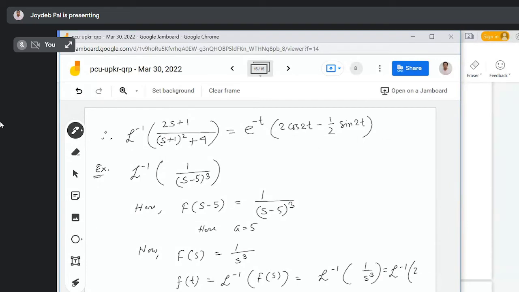1 by 2 into 2 by s cube. Can I write this? Then that 1 by 2, you can bring it outside the Laplace inverse. Now it is a tabulated formula. It is t square. So t square by 2. Do you get it?